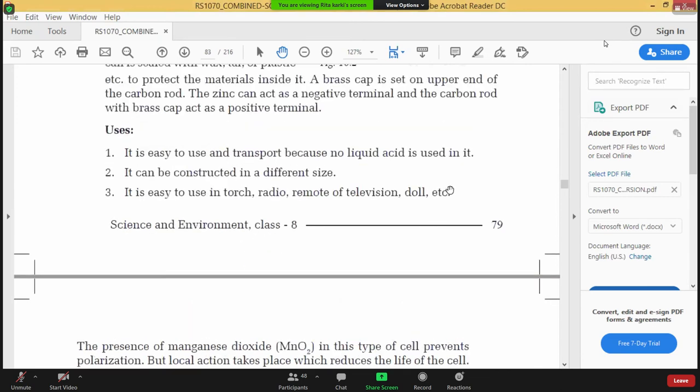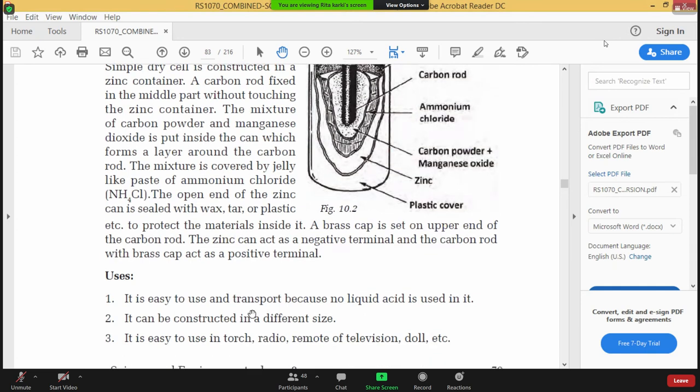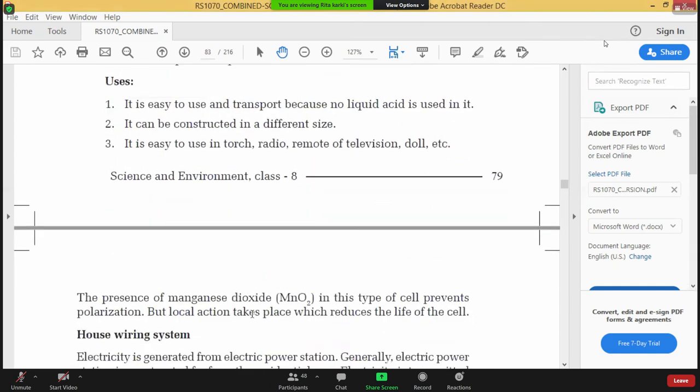Just now we studied, no? This manganese dioxide does not let polarization occur inside the dry cell. Polarization generally occurs whenever a layer of electrolyte gets deposited above one of the electrodes.